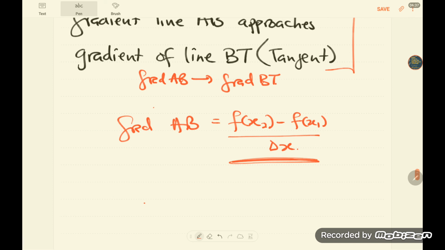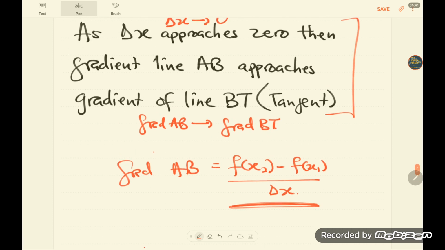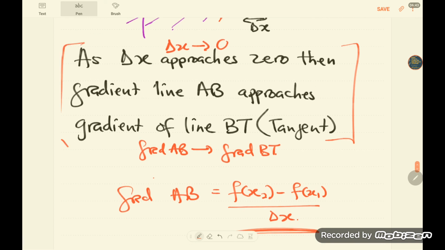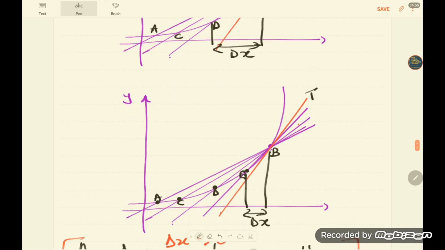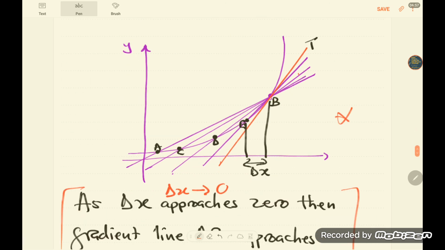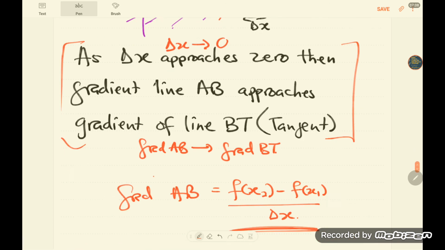But to get it to be as accurate as possible, we want the change in x, or the difference between the x coordinates of A and B, to be as small as possible. That way we will end up with this kind of situation, where as your points approach B, your gradient also approaches the gradient of the tangent.